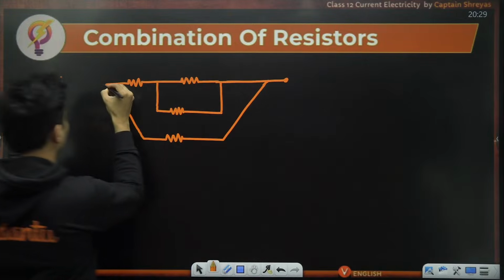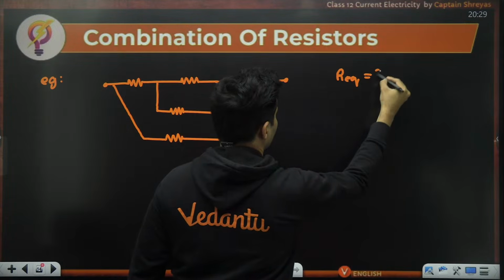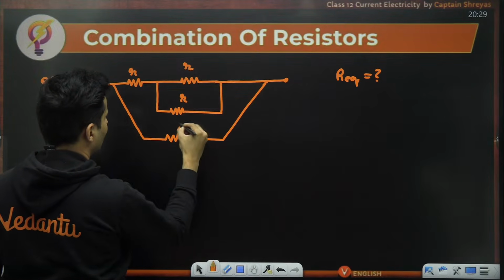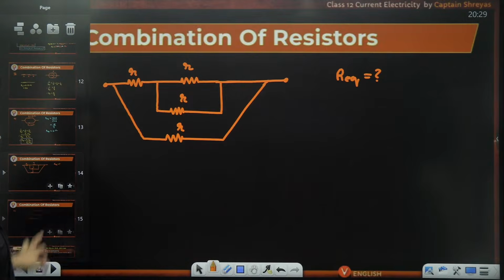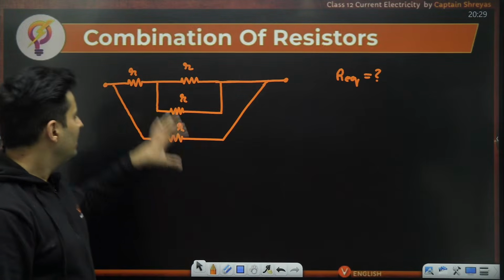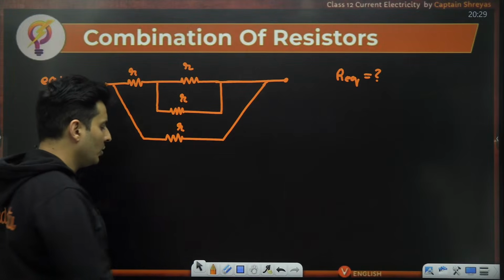And you have to find the equivalent resistance, assuming all of them are R, assuming all of them are the same. So whenever such a situation comes, always try to see if something is in series or in parallel and then start doing it.